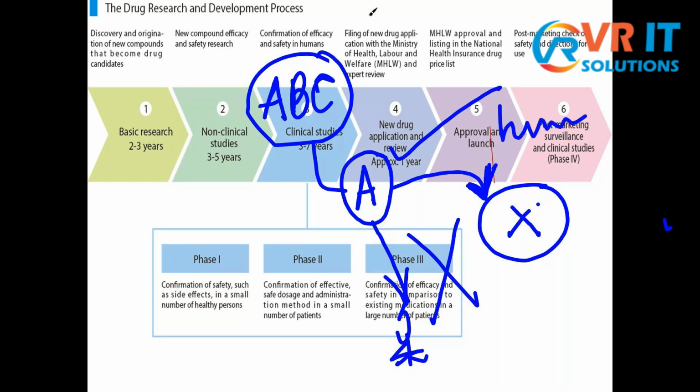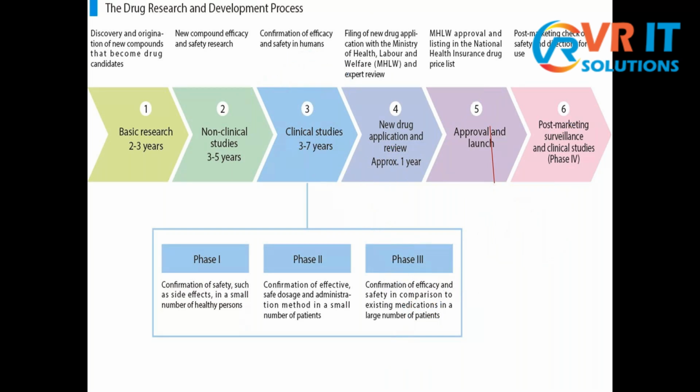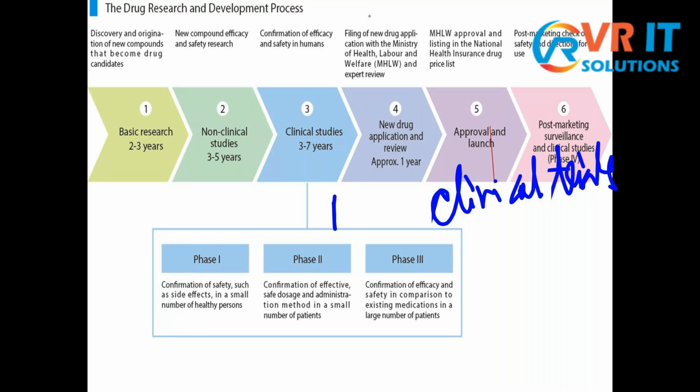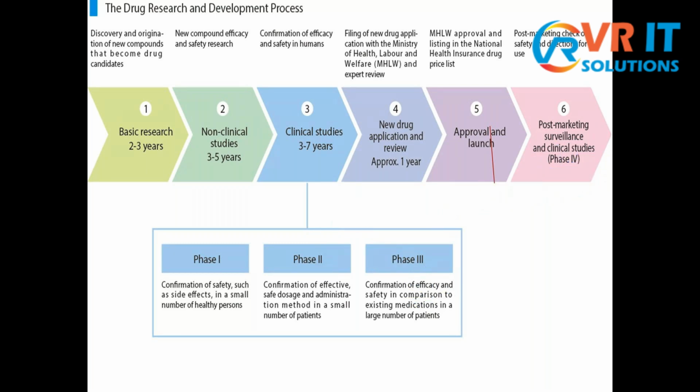That test is called a clinical trial. The drug cannot be given directly to human beings, so there is a lot of pre-process. In this slide, the organization or company develops a chemical compound or treatment for a particular disease.